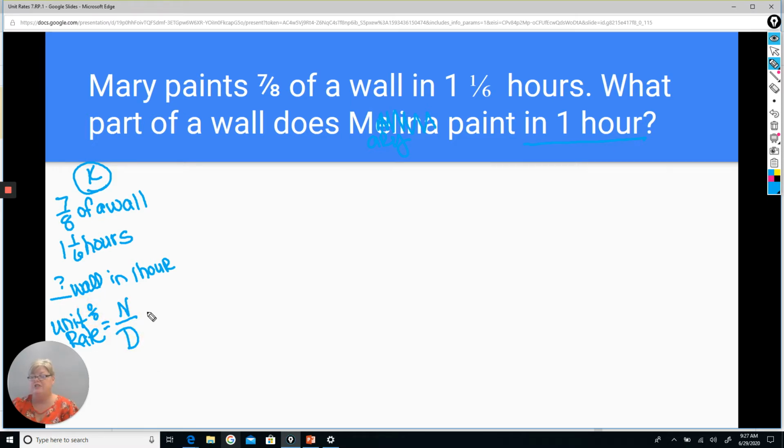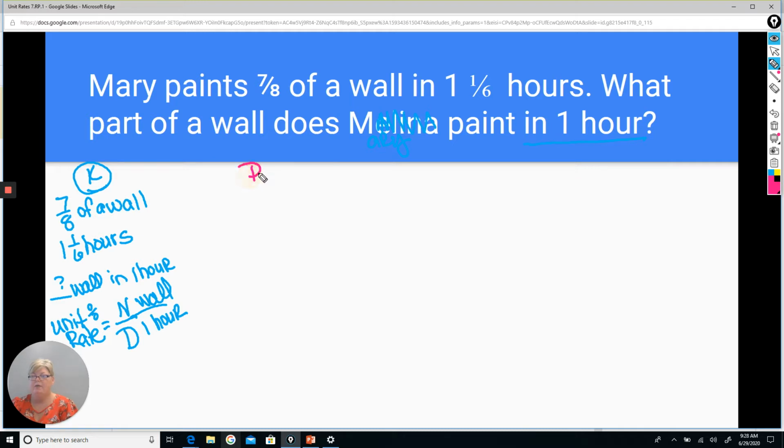We'll use a fraction to solve this problem. And we need to decide what's going to be the numerator, what's going to be the denominator. Well, we want 1 hour, and the denominator has to be 1. So that's what we're looking for right there. So if the hour is the denominator, what is the numerator? It is the wall. So now we're ready to set this problem up and work it.